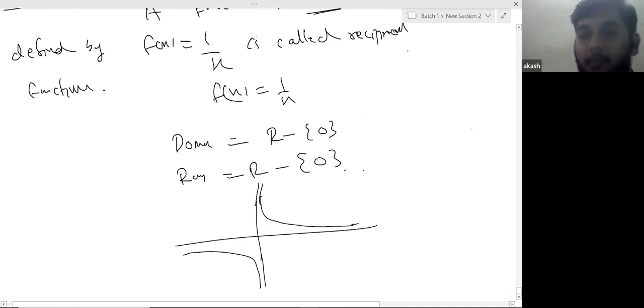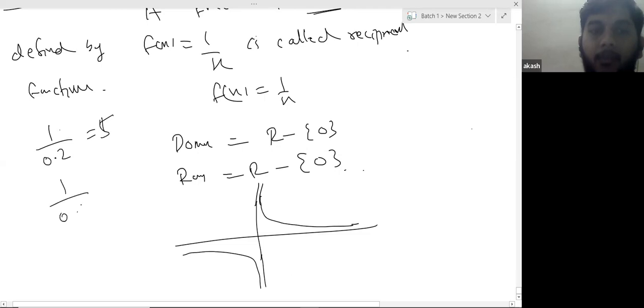When x becomes larger, the function value becomes lesser, right? When x is 0.2, this is 5; when x is 0.5, this is 2; when x is 1, it is 1.